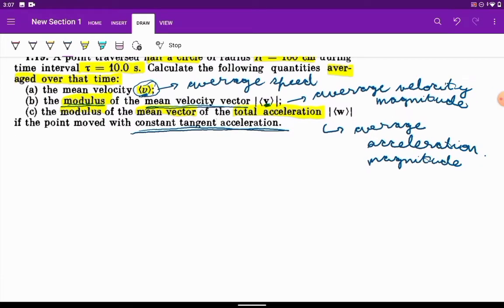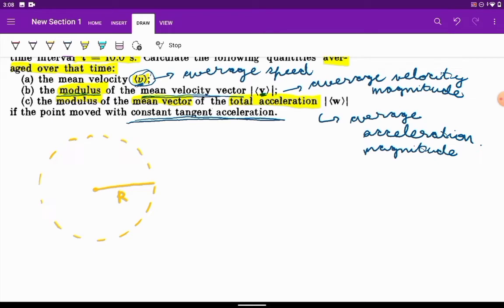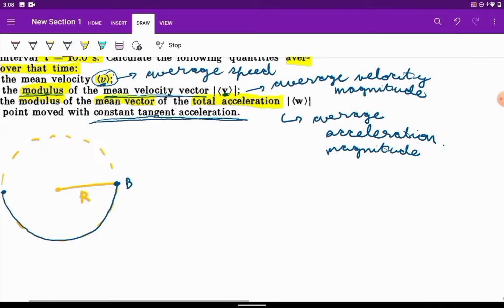So let's assume that this is a circle whose radius is given to be capital R. Now let's say it goes from point A to a diametrically opposite point B along the circle, which means that it has traversed half the circle, right?